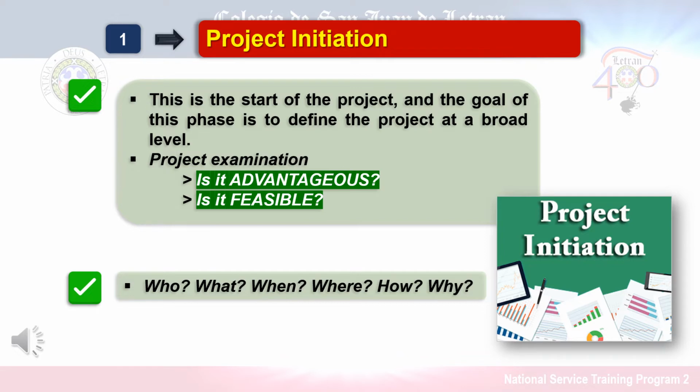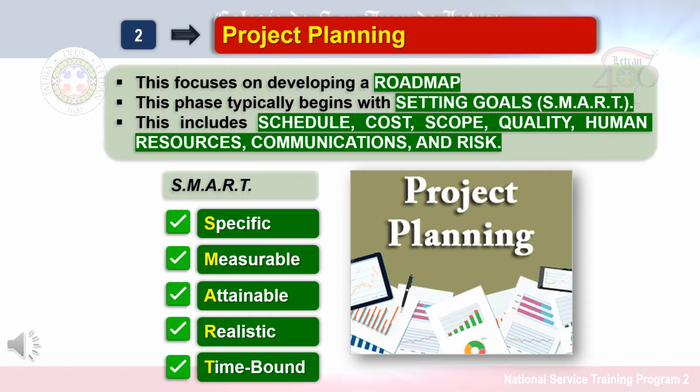If it is, you will need to establish a project charter or project initiation document that outlines the project's objective and criteria. In this phase, it also answers the questions who, what, when, where, how, and why the project should be initiated.